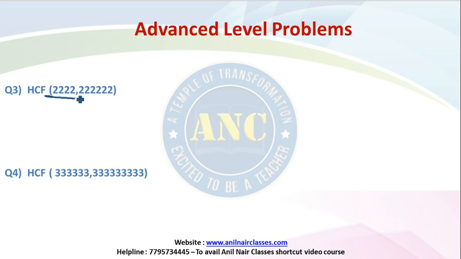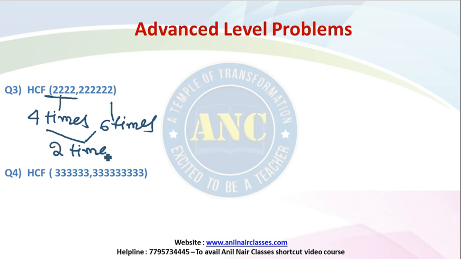2 is written 4 times and 2 is written 6 times. What is the HCF of 4 and 6? 2 times. Some digit should be written 2 times. What is the digit? 2 should be written 2 times. Are you there with me?